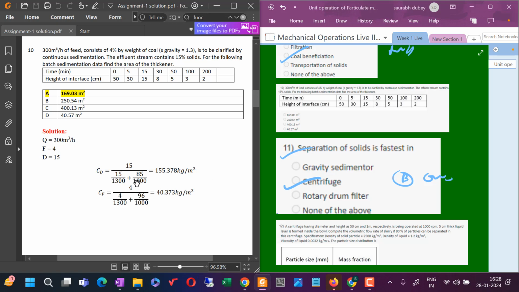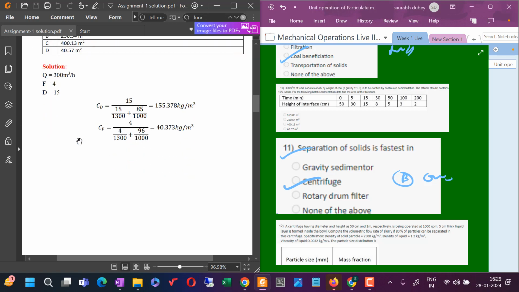This CD and CF, you have 300 meter cube per hour as the Q which is given here, and F and D are the two values which are there. So we will see what they are.